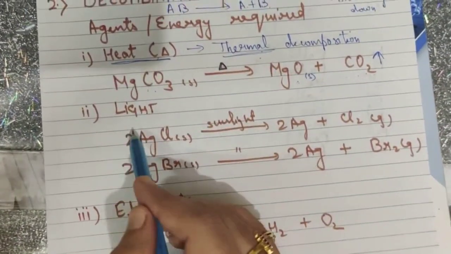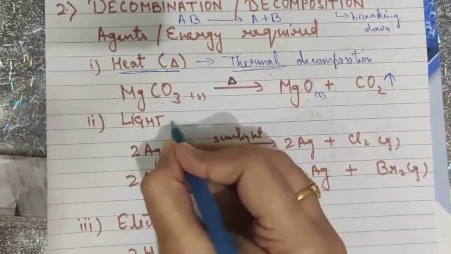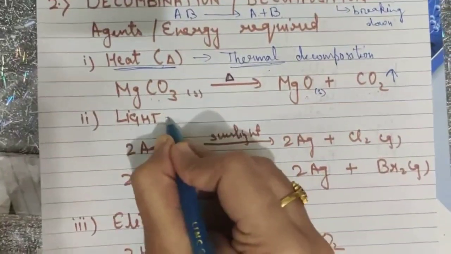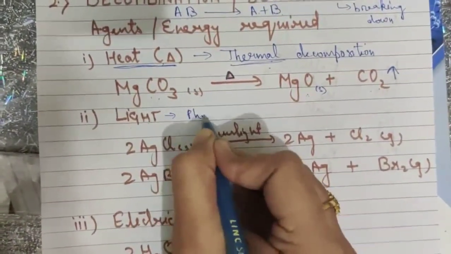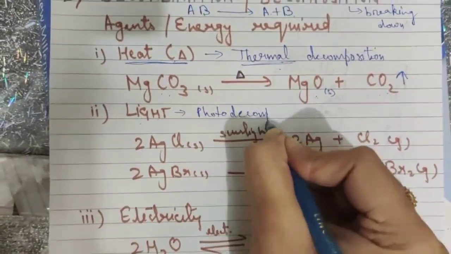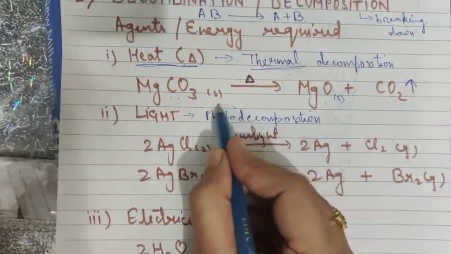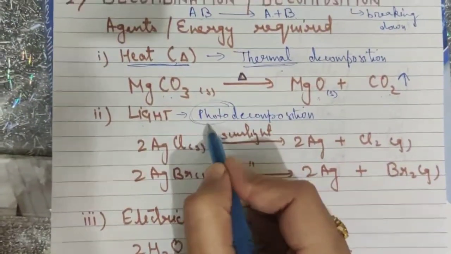The second agent is light, and the decomposition reaction occurring in the presence of light is known as photodecomposition. Wherever you see this term photo, it means light is involved.